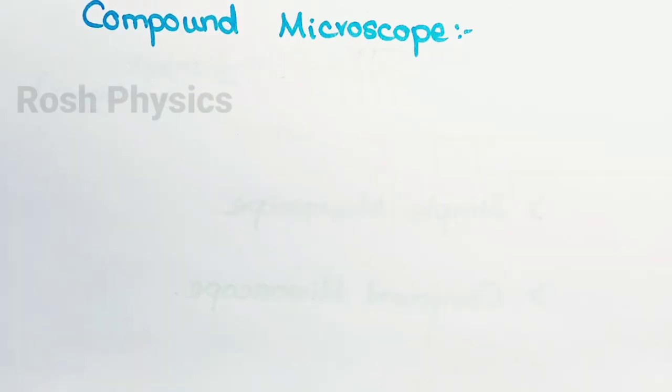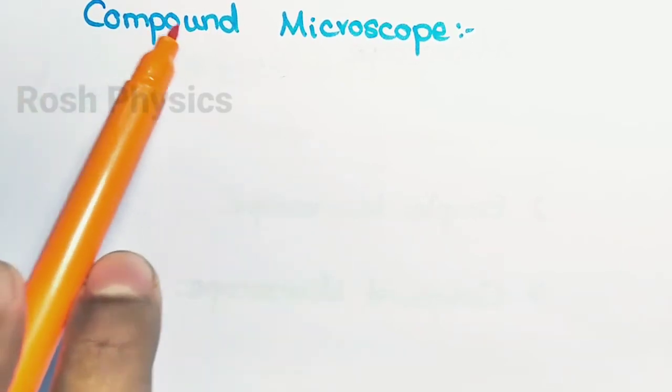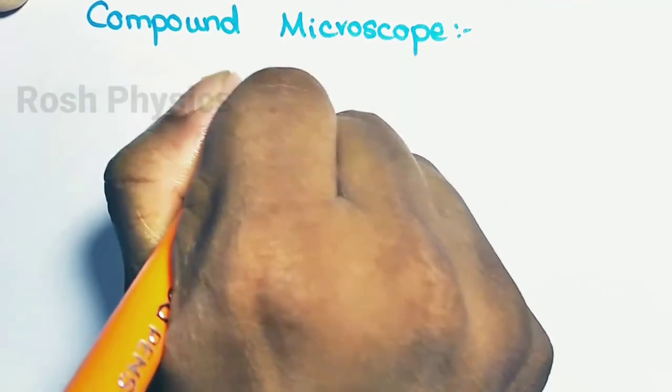The next thing we are going to see is the compound microscope. In general, the compound microscope is an upgraded version, the next version of a simple microscope. The reason I say it is an upgraded version is that it has better magnification than a simple microscope.